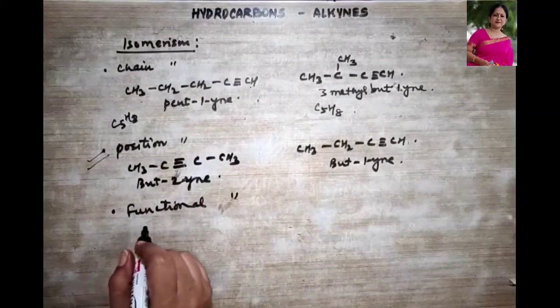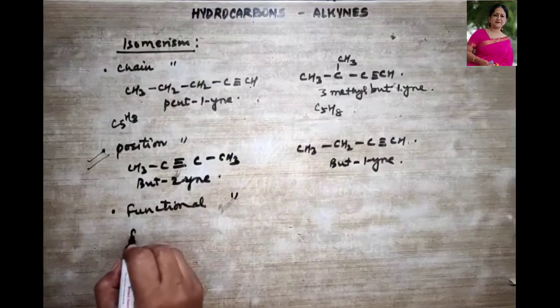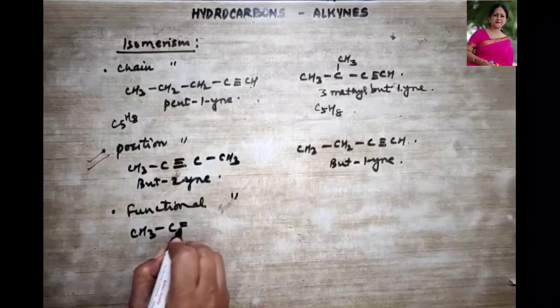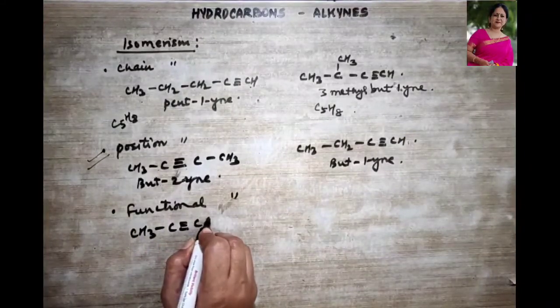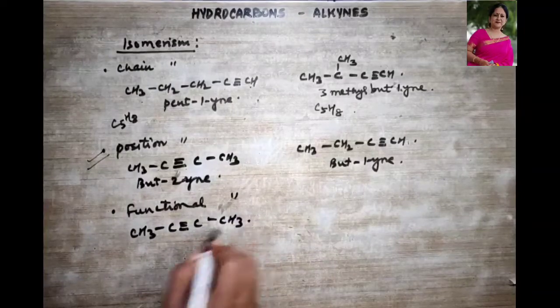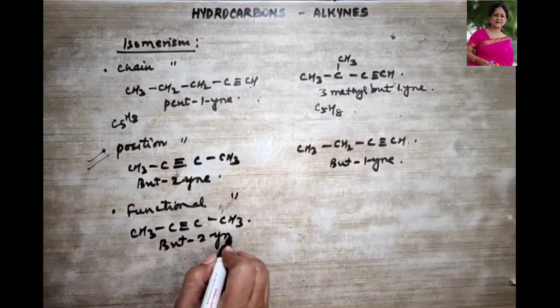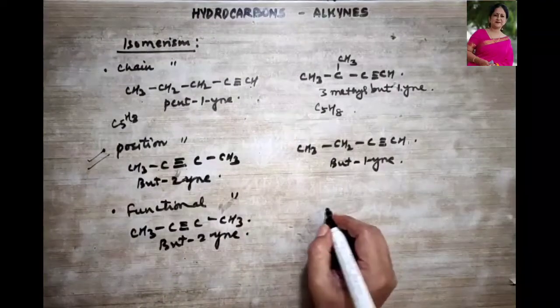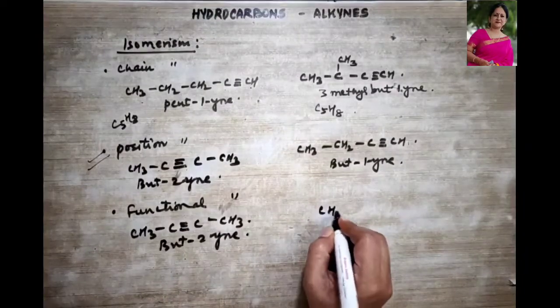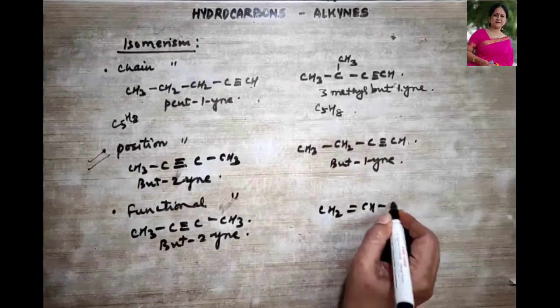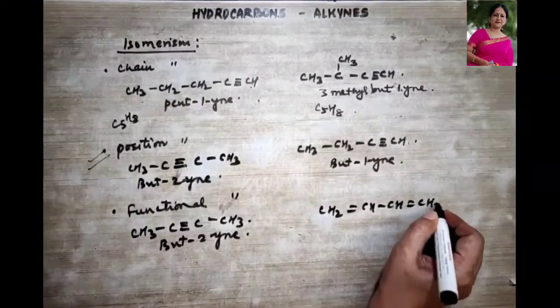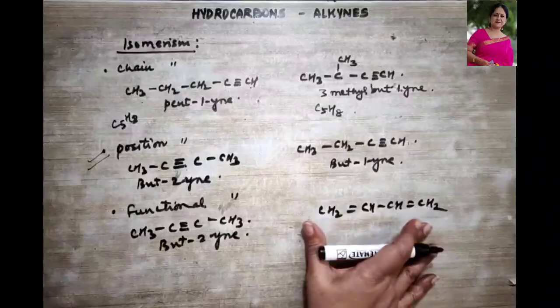How? Let's see that also. If I take CH3 C triple bond C CH3, so this becomes but-2-yne, isn't it? And now look at the other compound of it. It is CH2 double bond CH, CH double bond CH2. So what is this now?